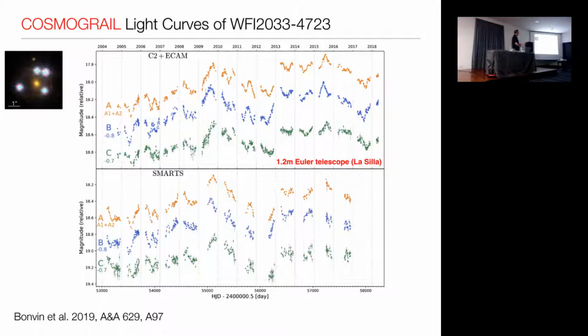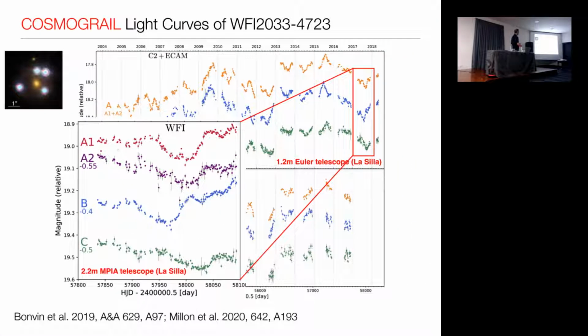So if you do this, instead of observing here from 2004 to 2018, you zoom in some nice region. Actually, this is not a zoom, it's a simultaneous observation between a small telescope at low cadence and 2.2 meter at LSST at high cadence every day, and you immediately see that some details that you barely see here in these curves are now prominent bumps that can be used to measure very well the delay.